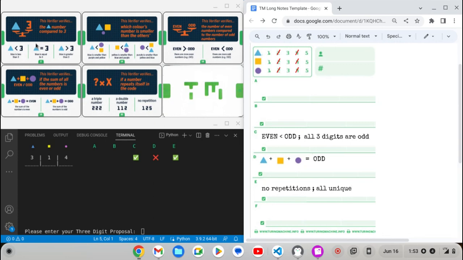Well, I don't think triangle can be 1, because it wouldn't make sense for triangle to be 1 only for criteria B to confirm that. And so that means that if it were 1, I don't see any other mechanism to choose 3 or 5 for square and circle.